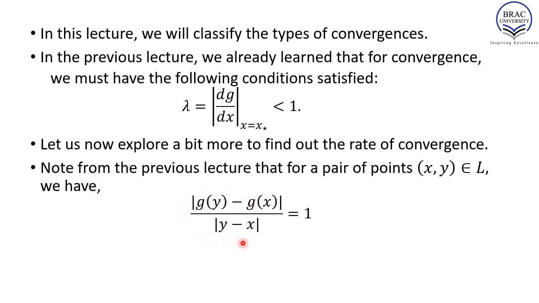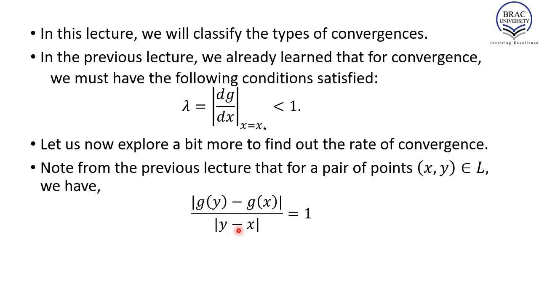So this is the ratio of the lengths, and since g are converging functions, this ratio in general has to be less than 1, but it will be equal to 1 if the distance remains the same, which means that x is the fixed point and y is also the fixed point.